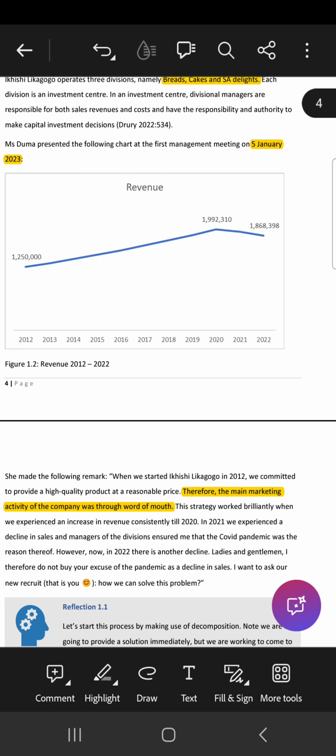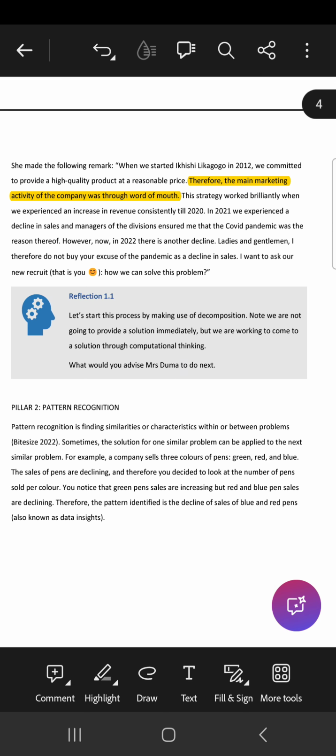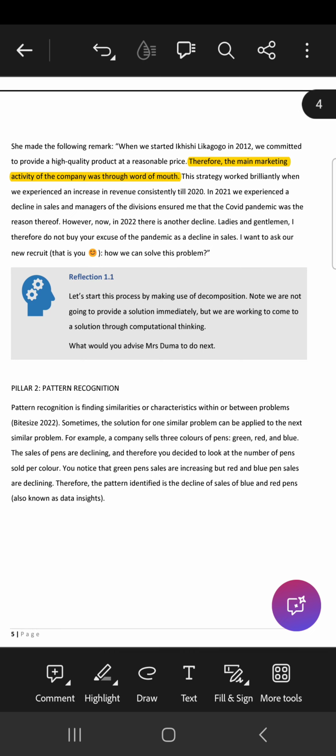And this is something that has now been on the decline since 2020. So she gave some information over here and said that the company committed to provide a high quality product at a reasonable price. The main marketing activity was word of mouth marketing, and it was working well up to the COVID pandemic, but then subsequent to that there was a decline in revenue.